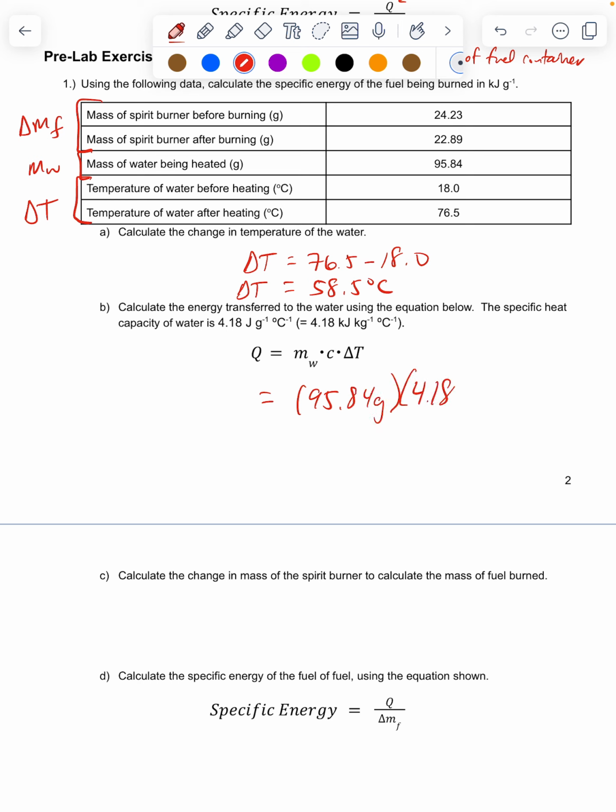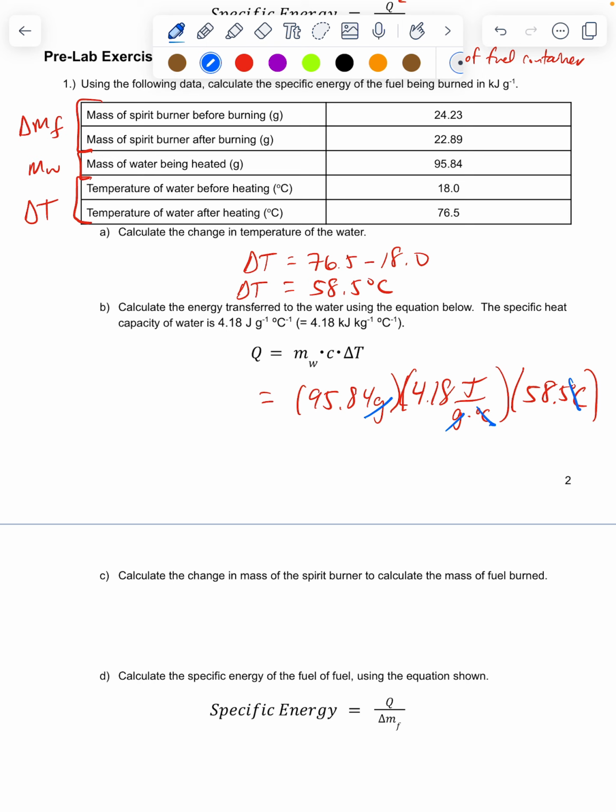Specific heat capacity is 4.18 joules per gram per degree Celsius. And that change in temperature was 58.5 degrees Celsius. Now, as we go through it, you can see that the gram unit will cancel. It's on the top and the bottom of that fraction. The degrees Celsius unit will cancel, and we should be left in joules.